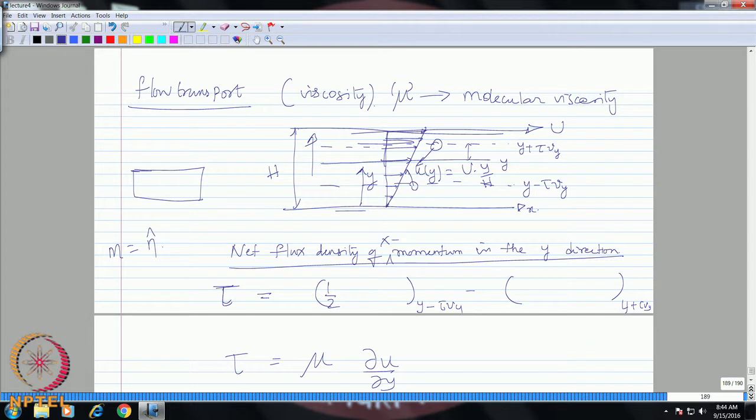So, now if you look at, therefore, you have n number of molecules per unit volume, that is your n cap. Now, you know the molecular weight, okay, that molecular weight is kilogram per kilomole. So, you have to convert this number density into moles, so divide by Avogadro's number.